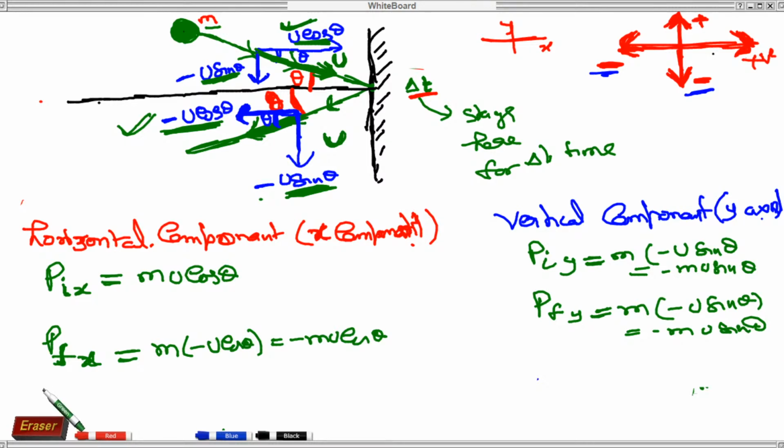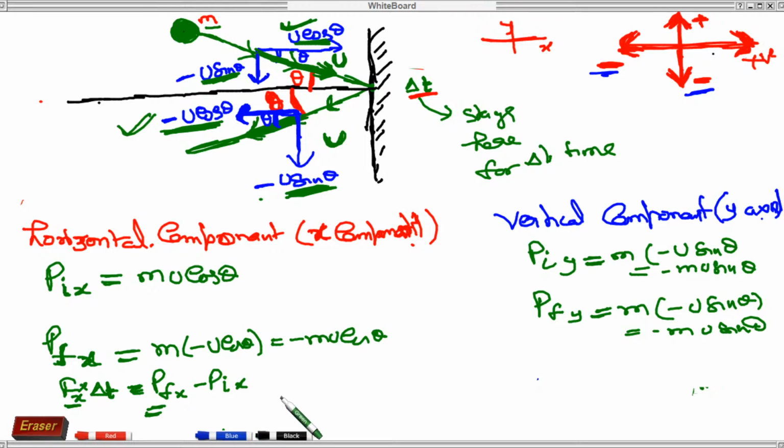So what would be the change in momentum along the x-axis? So that is Fx delta t, the force along the x-axis times delta t, is equal to Pfx minus Pix. Along the x-axis we are talking about.